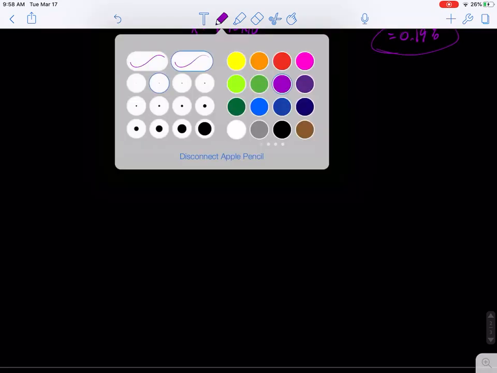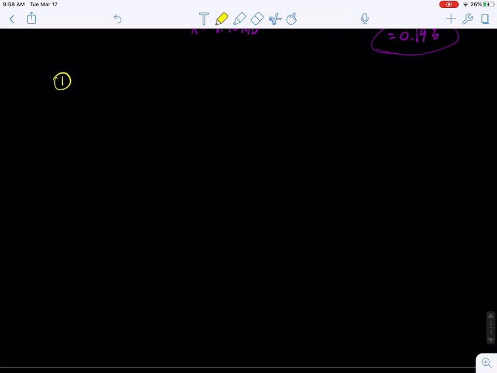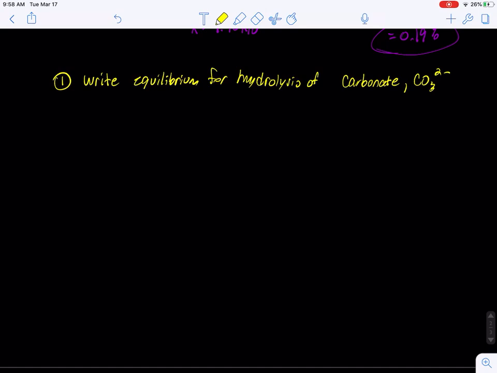So now that you know how to do this, try to write out the equilibrium for the hydrolysis of carbonate, which is CO3 2 minus, okay?